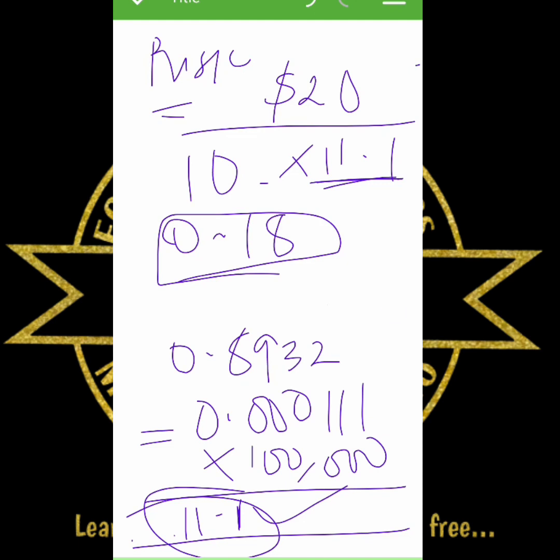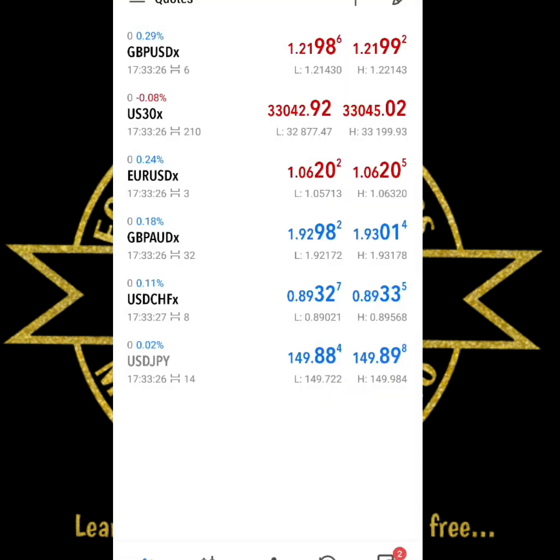Then we'll go to the last category, when none of them is quoted in USD. Now the approach is also the same as the one we've explained, using GBP AUD as an example.